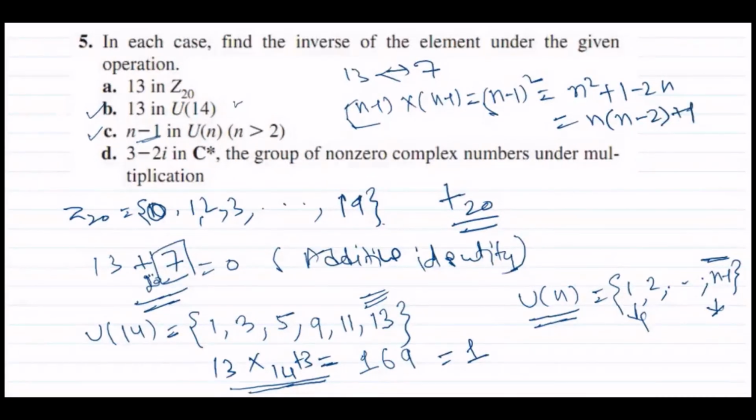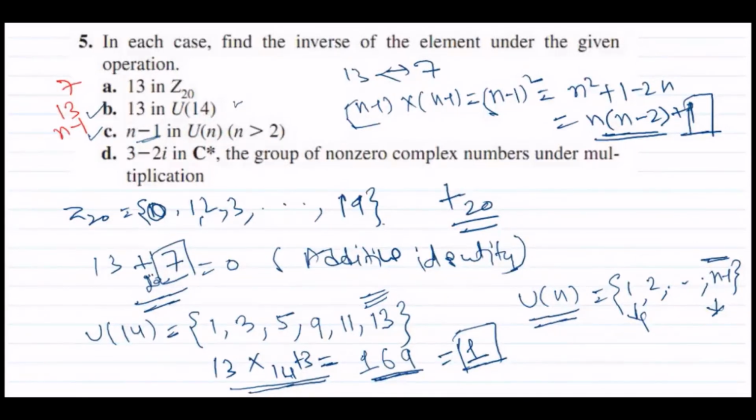So of course when we divide it by n, the remainder will be 1. Similarly here also, when we multiply these two and divide by 14, the remainder will be 1. 169 divided by 14, the remainder will be 1. So here the answer is 7, here 13, here n minus 1.